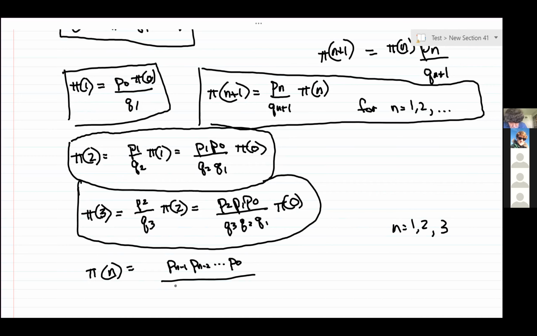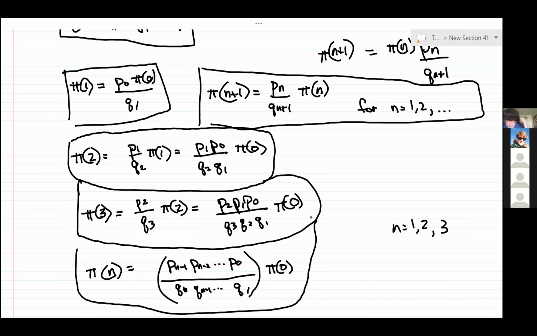And then Qn, Qn minus 1, all the way down to Q1 on the bottom. And all of that stuff times pi 0. So we're in the same place we were for the birth death chain. All the variables are in terms of pi 0. Pi 1, pi 2, pi 3 are all in terms of pi naught.